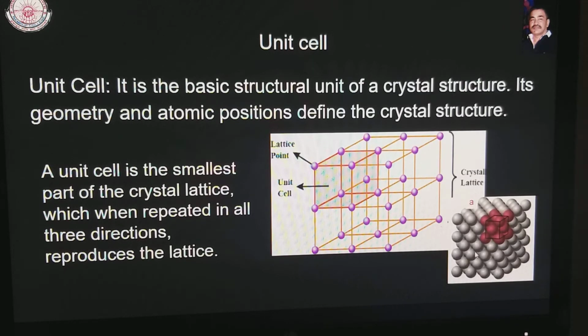This is the atomic arrangement of a solid, and the unit cell is represented here. The unit cell covers a few atoms within it, and a few atoms as parts of atoms at the corners. This unit cell is repeated and extended throughout the crystal.